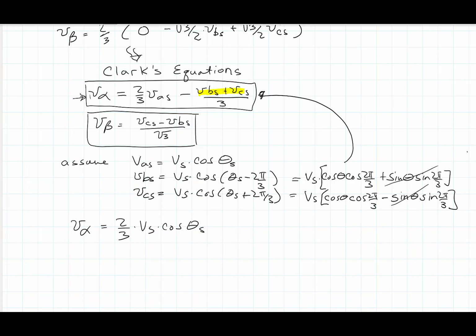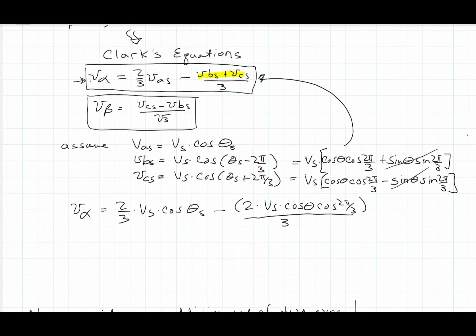And we're going to get the sum of these two. It's going to subtract off 2 times Vs cosine theta cosine 2 pi thirds, divided by 3.